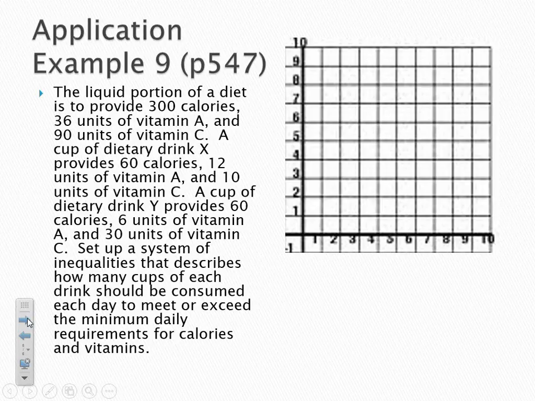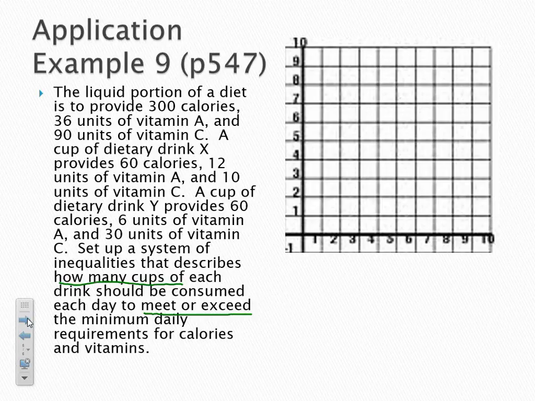So if I go to the end, the very last sentence says, set up a system of inequalities that describes how many cups of each dietary drink should be consumed each day to meet or exceed, and that's going to be an important phrase, the minimum daily requirements for calories and vitamins. So the question is ultimately how many cups of each drink.